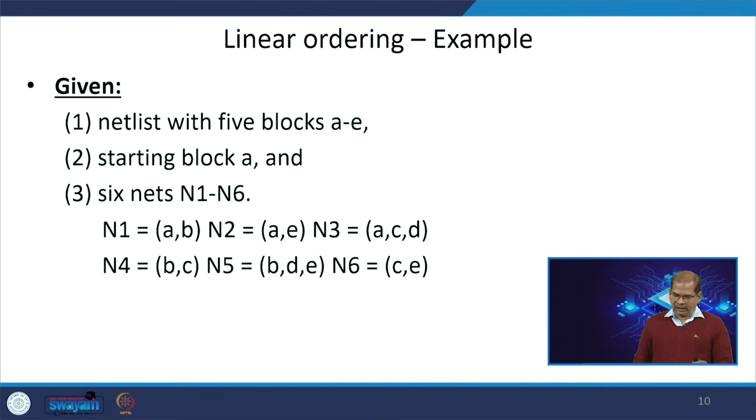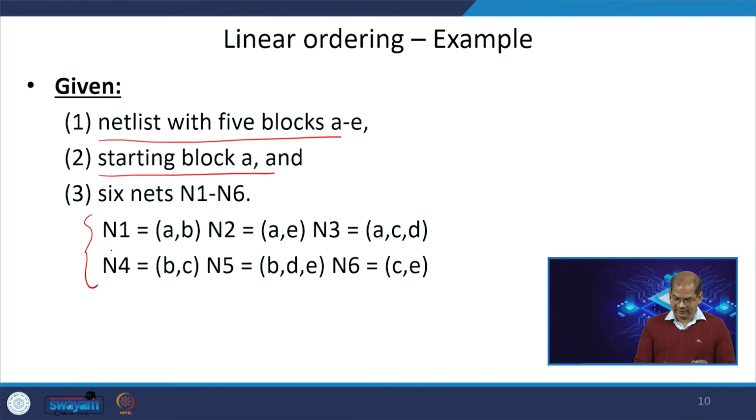What are the things given to us? We have a netlist with 5 blocks, A, B, C, D, E. Then we have to assume one of them as a starting block. Let us say block A is the starting block. The netlist is given by these statements.